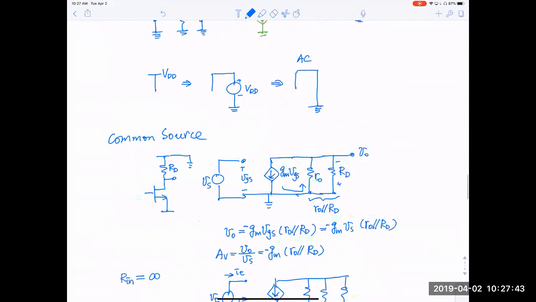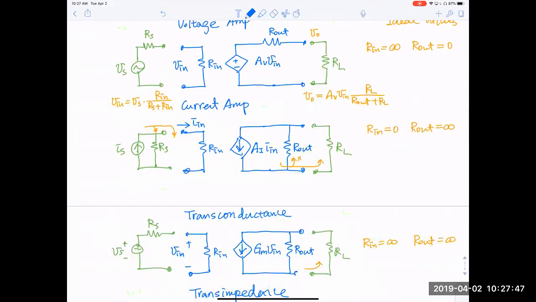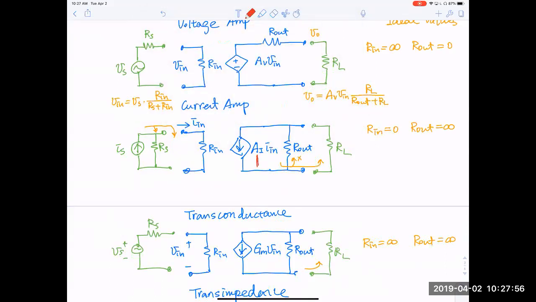Let's go back to this two-port circuit, and it will become clear. If we want to find out what AI is, we have to measure this current, I in.